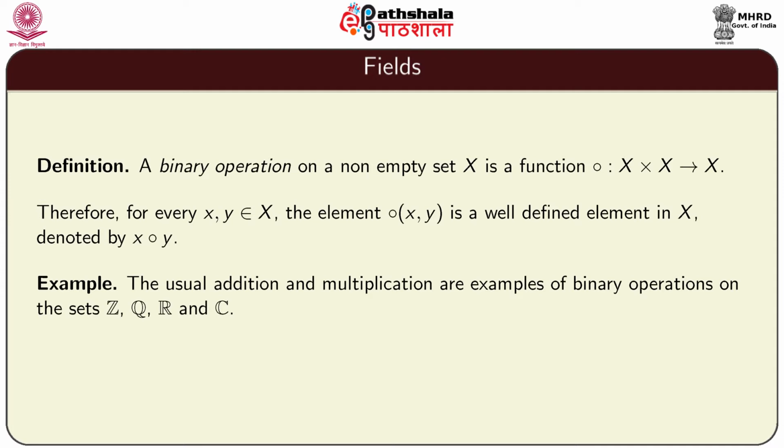Since binary operation is a function, therefore, for every pair of x and y in X, the image which is denoted by x circle y is a well defined element in X. The usual addition and multiplication of integers, rational numbers, real numbers, complex numbers are definitely examples of binary operations on these sets.